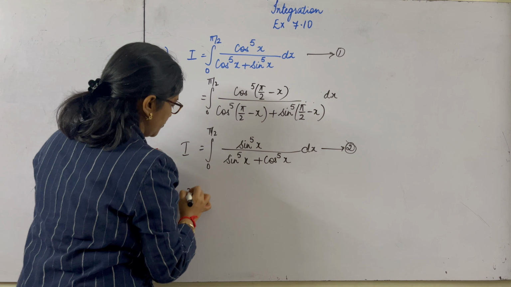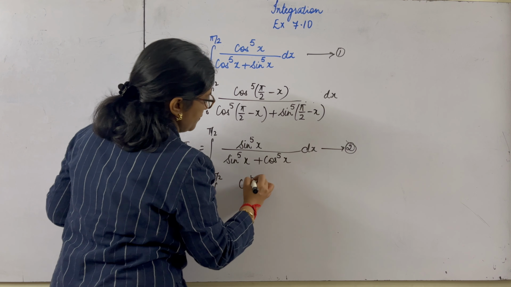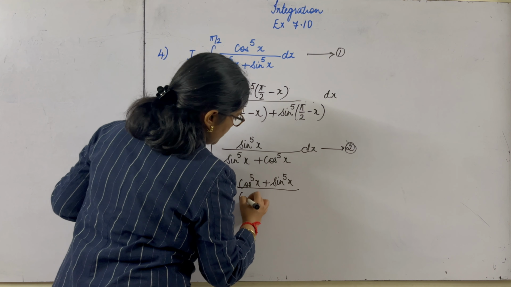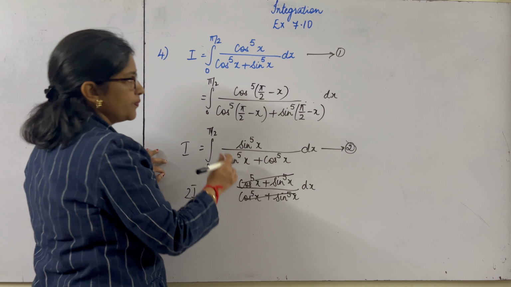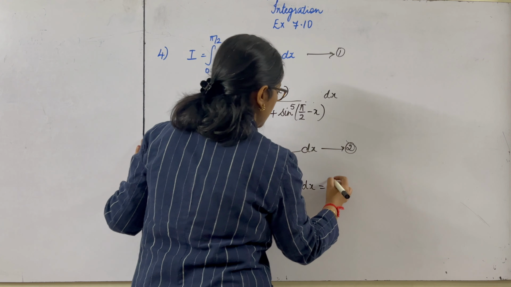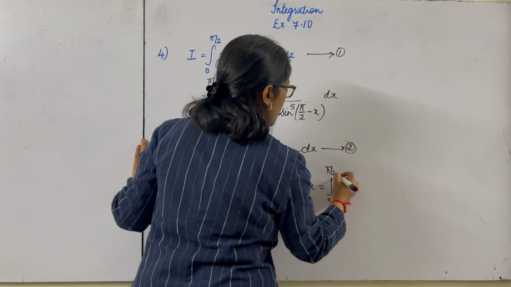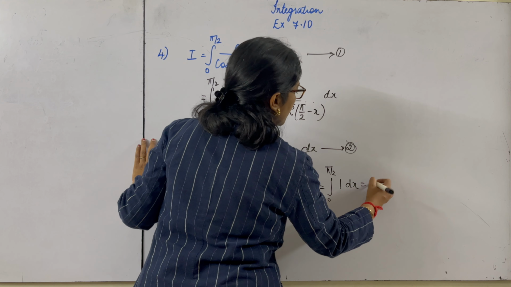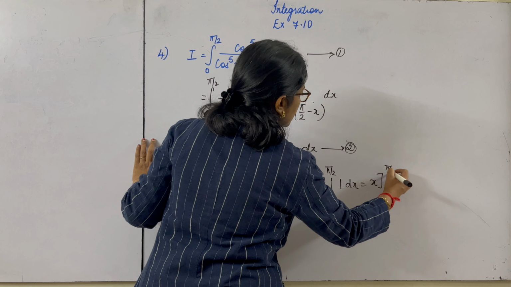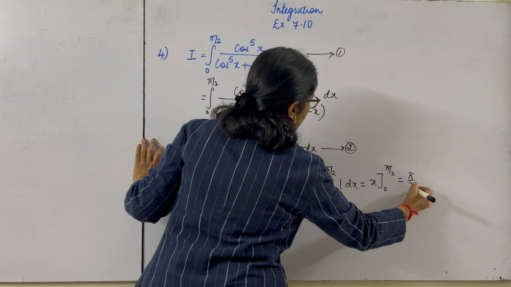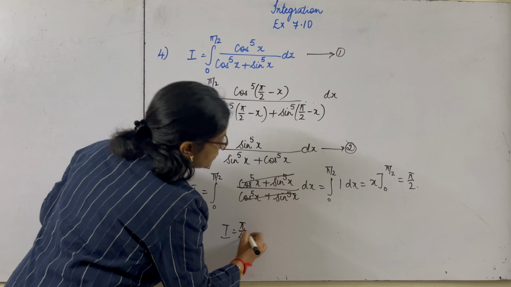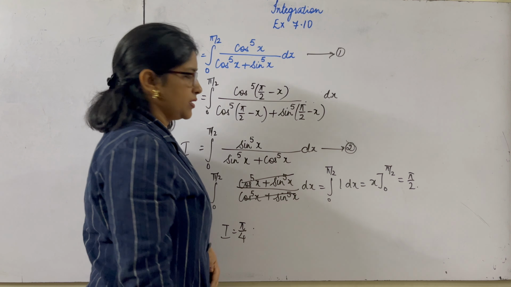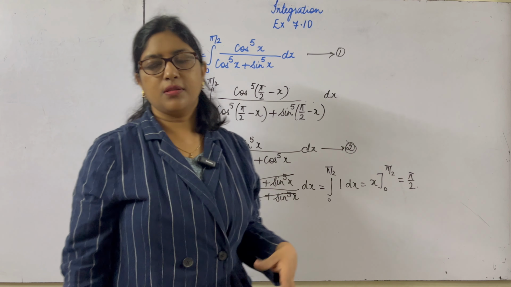Adding 1 and 2, we have already combined both the integrals. Integration is 1 dx, which is x, and so I is equal to pi by 4. Same method, similar to the previous ones.